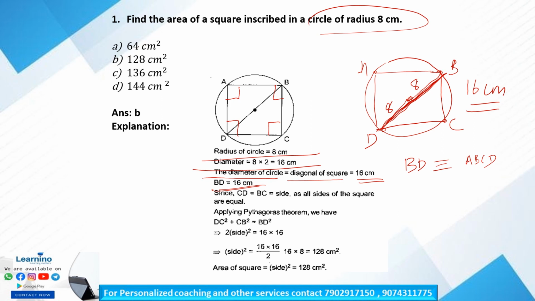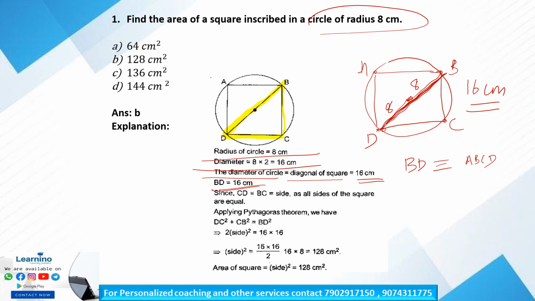All the angles of a square are 90 degree. So consider the triangle BDC.